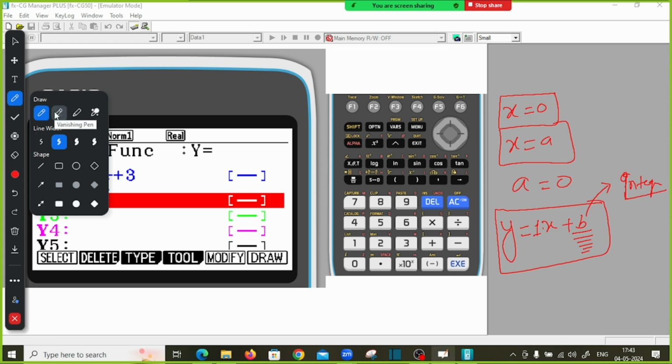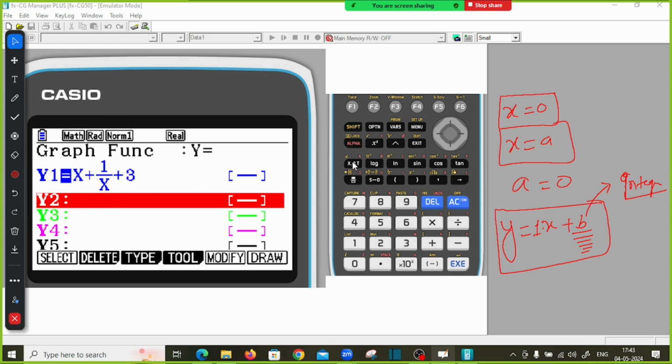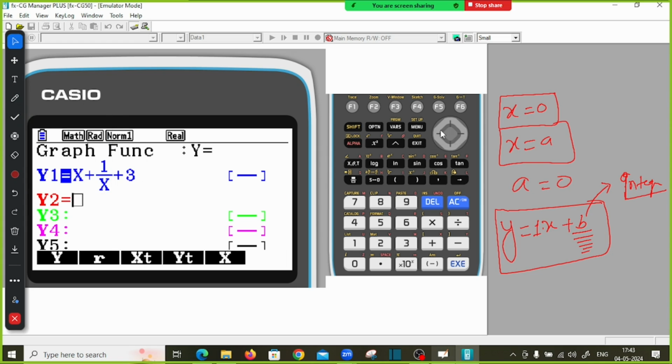So I'm going to write here y equals x plus 1. Why have I put y equals x plus 1? Because the question says the format is y equals x plus b, so I have put b equals 1.